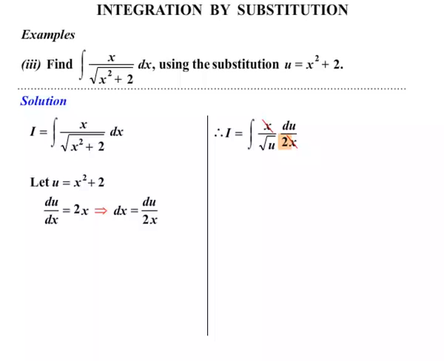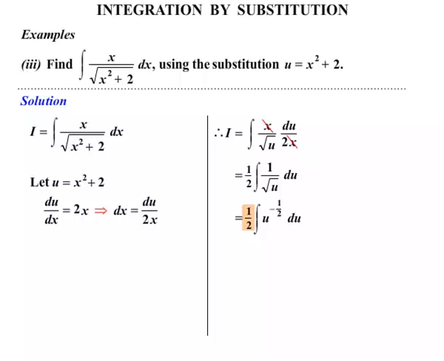That 2 is effectively on the bottom, so that's a half. So let's put that out the front, the 1/2. And really, even though we don't have a number on top, we know there's 1. So we end up getting 1 over the square root of u du. So we can rewrite that, and all we've done there, 1 over square root of u, we've rewritten as u to the minus a half. Of course we've got to write it in index form.